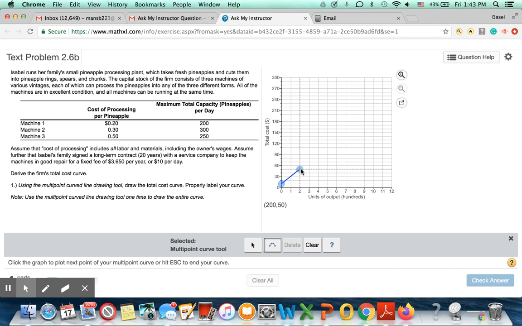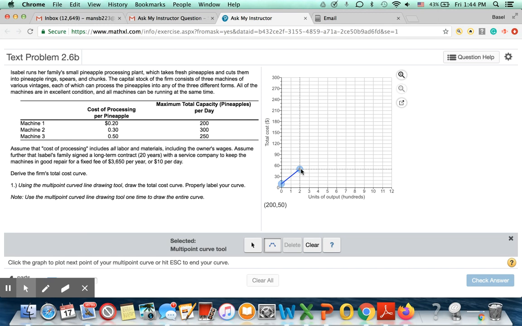Now we shift to the second machine. The second machine, we can use it to produce 300 units maximum. Each unit will cost us 30 cents. So the cost of using the second machine should be 30 cents multiplied by 300 units. That's $90. Now, $90 is the cost of using the second machine, but we already have $50 cost from using the first machine.